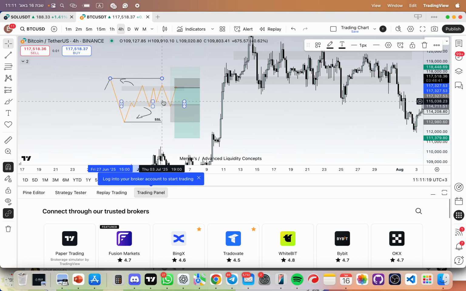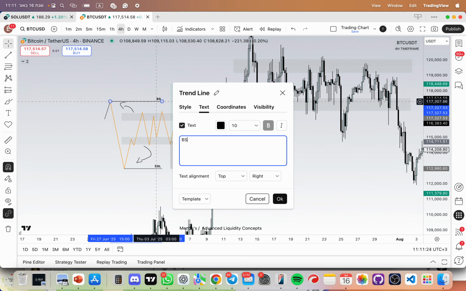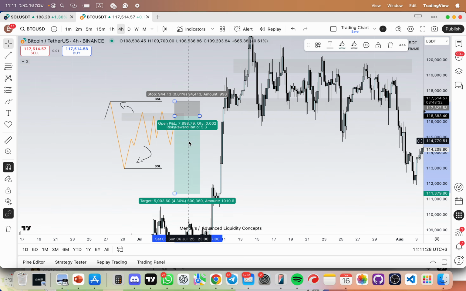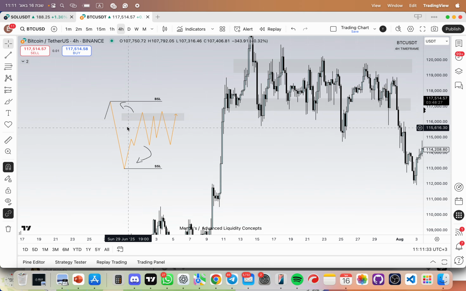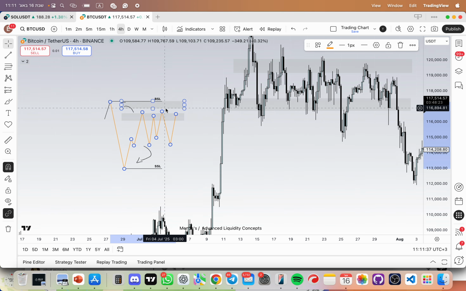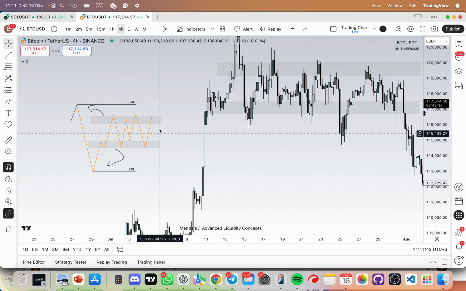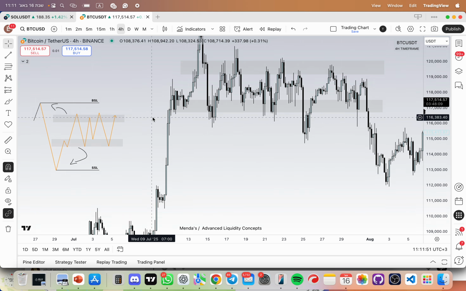Now in cases where we have both buy side and sell side, we prefer to wait for one of the sell side levels or buy side levels to be cleaned before making any move. Because we have two liquidity areas, the best option is to wait for either the sell side or the buy side to be taken, and take the trade to the other side.